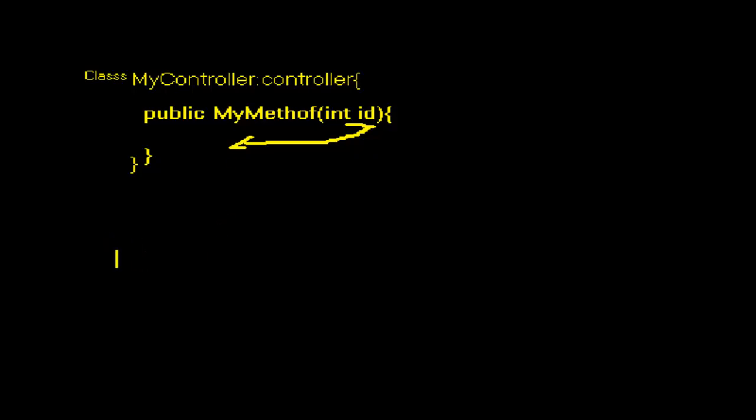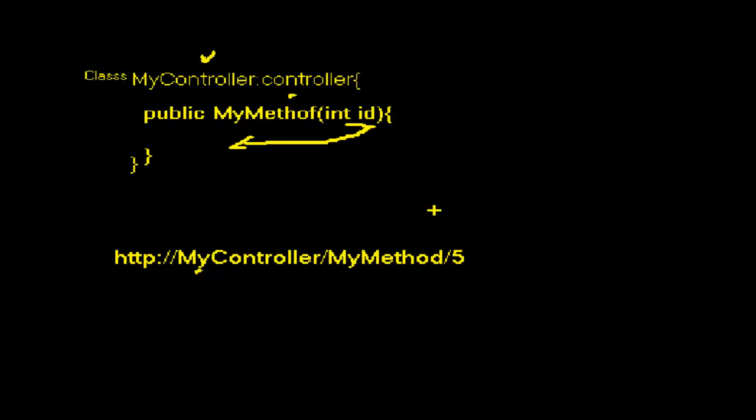Now let me assume that this is the pattern that you are given: HTTP, my controller, slash my method, and then 5. Now 5 is an integer. Assume that the exact match is going to happen. So it's going to go to the controller here, it's going to go to the my method here, and it's going to supply this ID to the ID over here. So this is going to map.